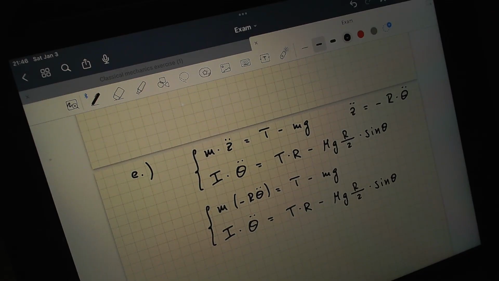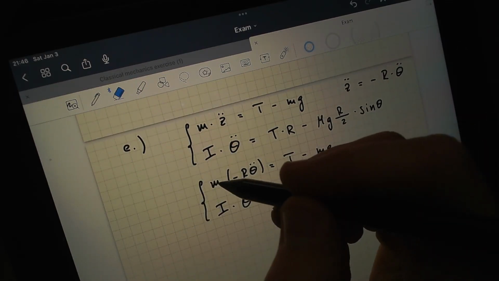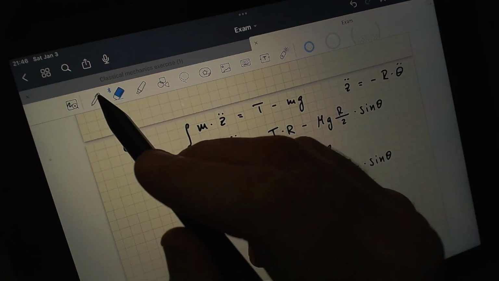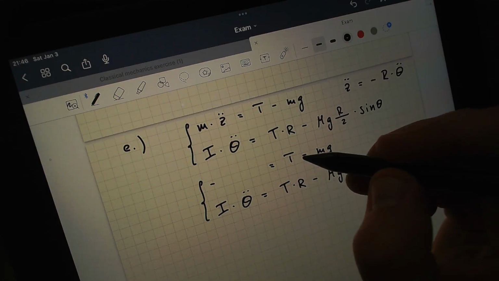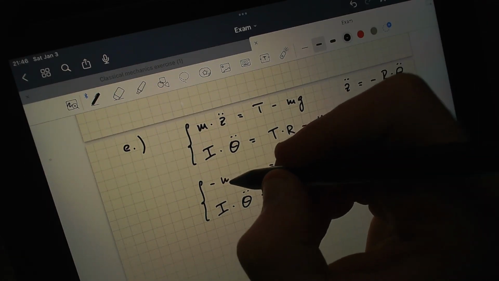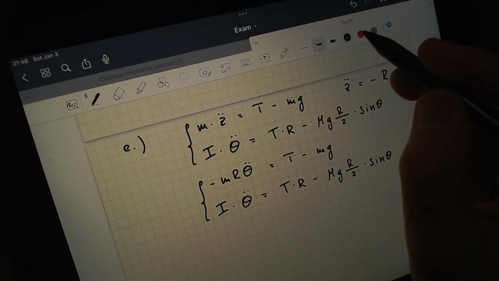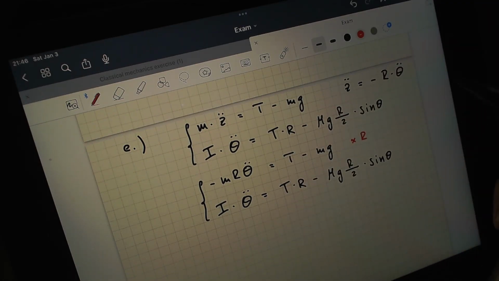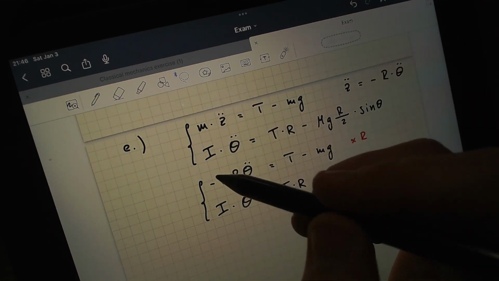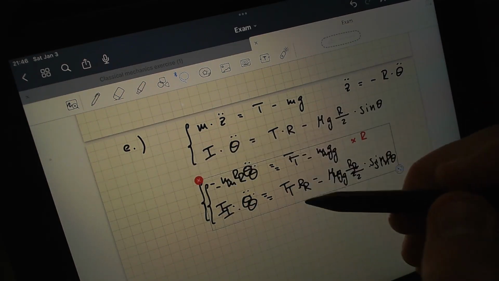Okay, so here maybe it is convenient also to multiply by the radius. So here, as I said, we have this one, then here maybe we have to again multiply by the radius. So again I'm going to duplicate this system.